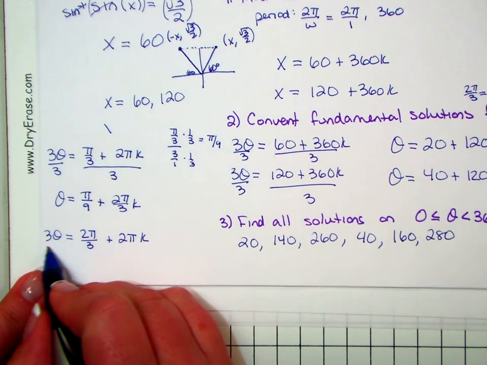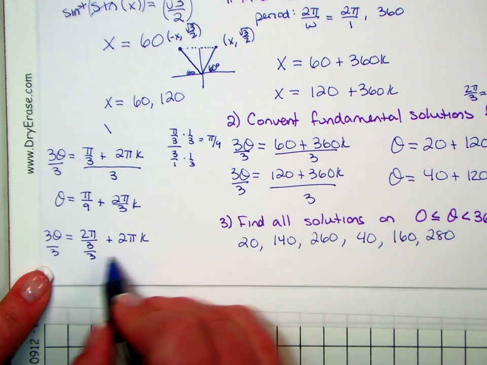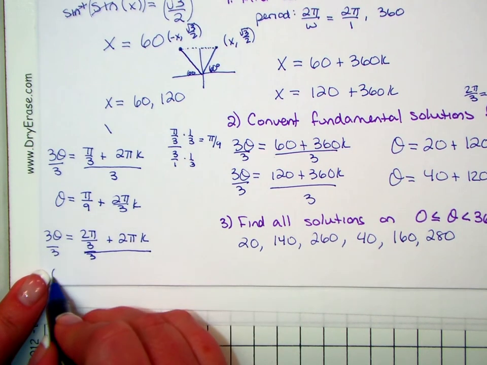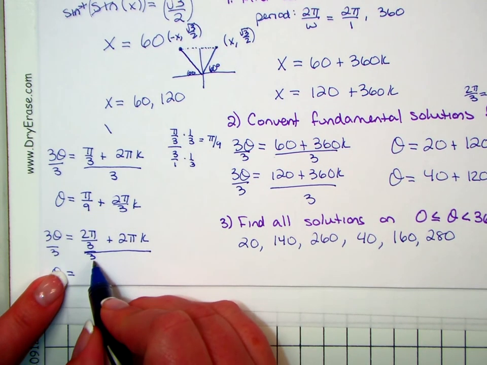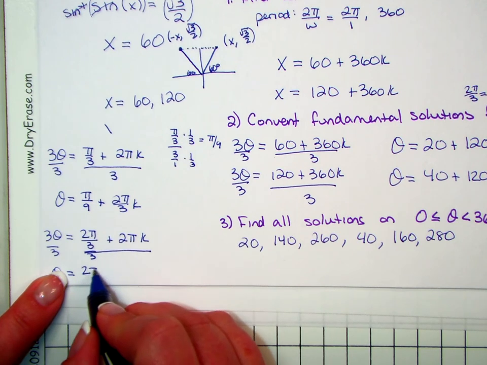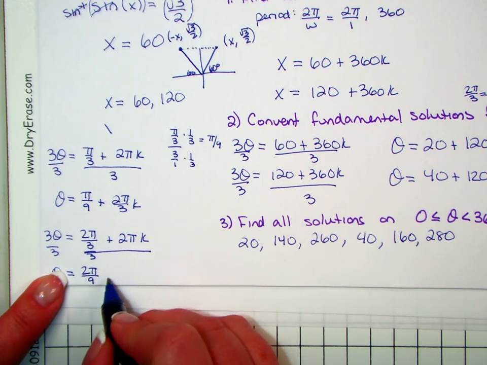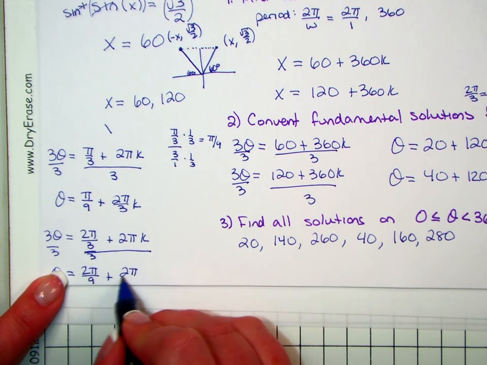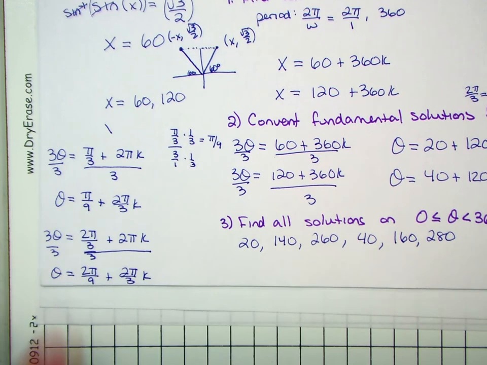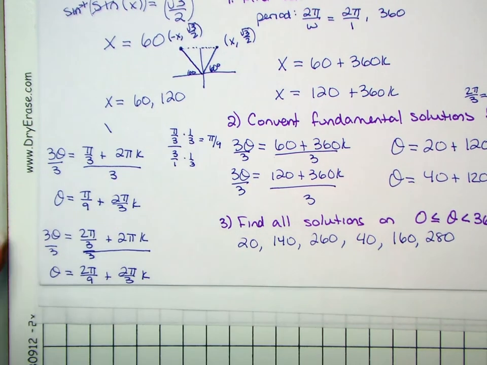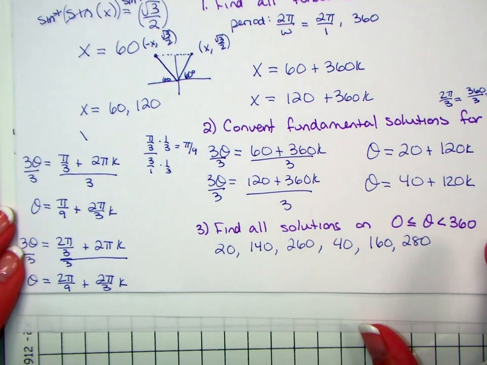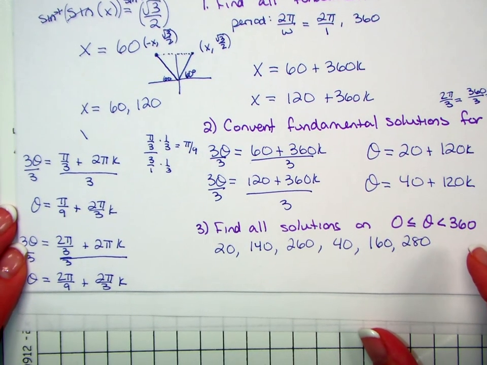And so if I divide this by 3, then I'm going to get 2 pi over 3 divided by 3 is 2 pi over 9 plus 2 pi over 3 k. All right. It really isn't too complicated except for you guys forgetting how to divide fractions. All right. But there you go.